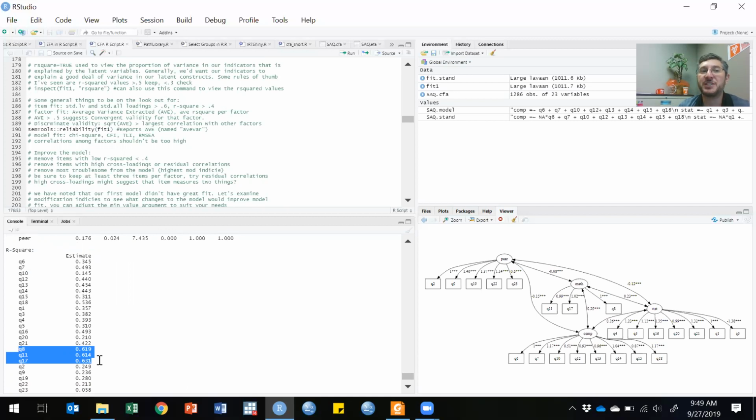You'll typically see average variance explained wanted to be greater than 50%, so 0.5. They also say that's a good indication of convergent validity, that the factor explains a lot of the variation in those indicators.